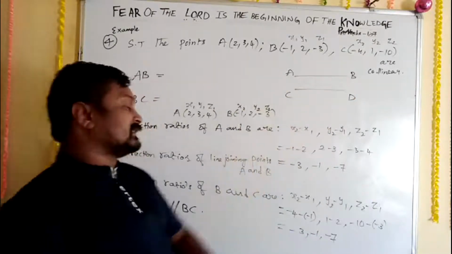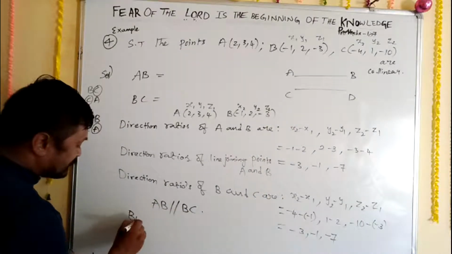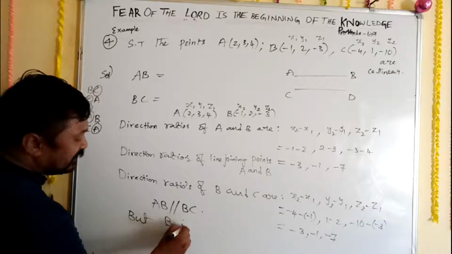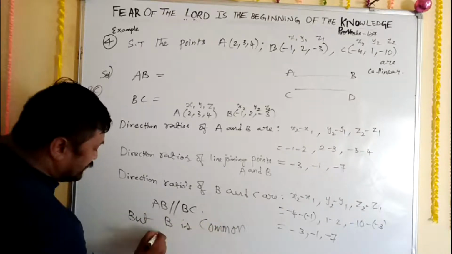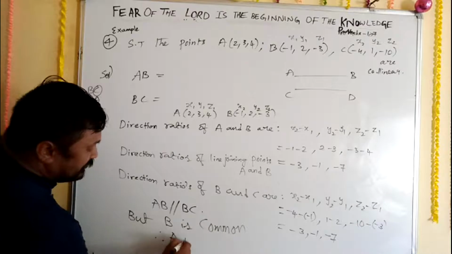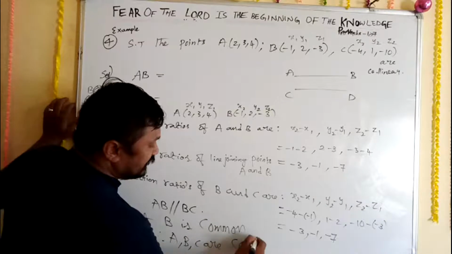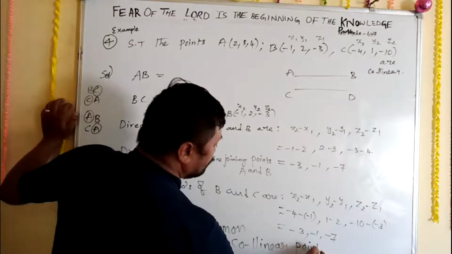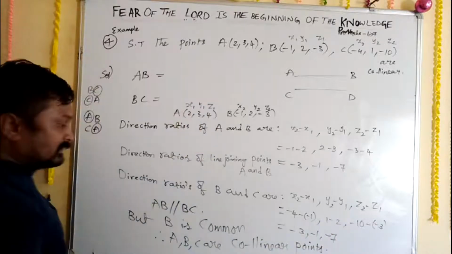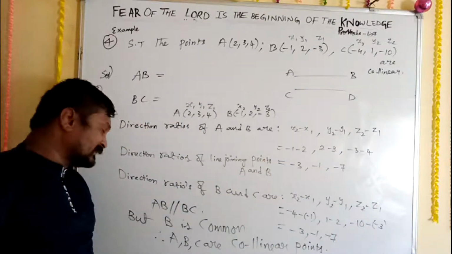That was the reason we are saying AB is parallel to BC, but B is common. Therefore, A, B, C are collinear points. Collinear points. Clear? According to the direction ratios, both are the same, because of that reason.